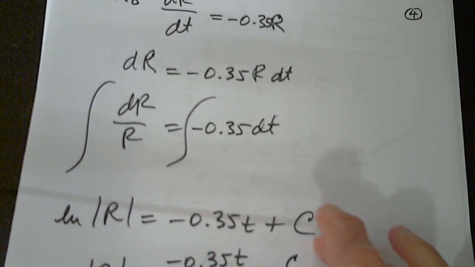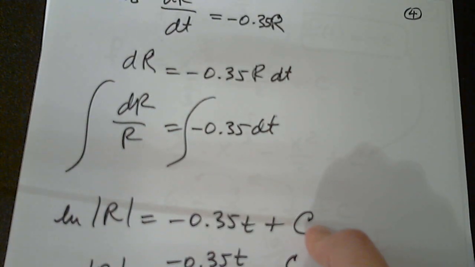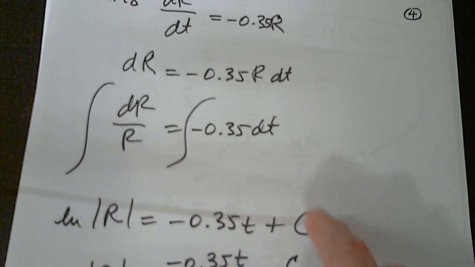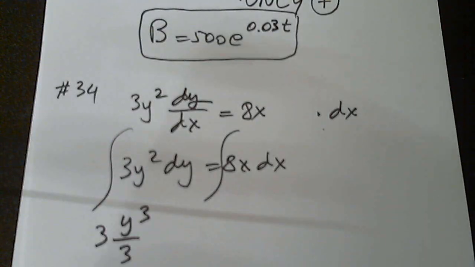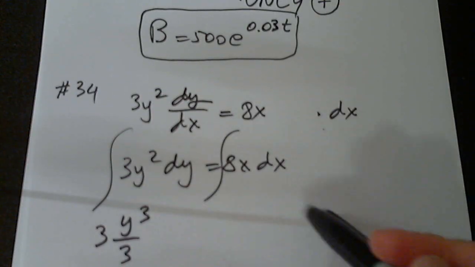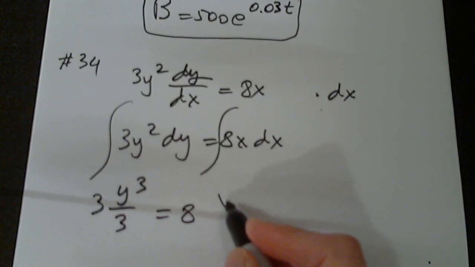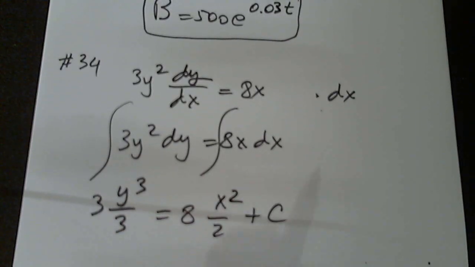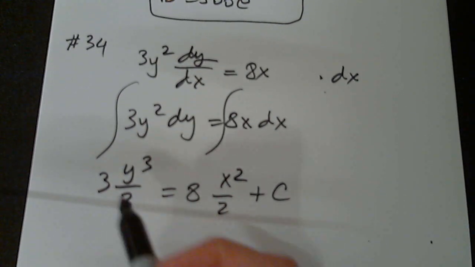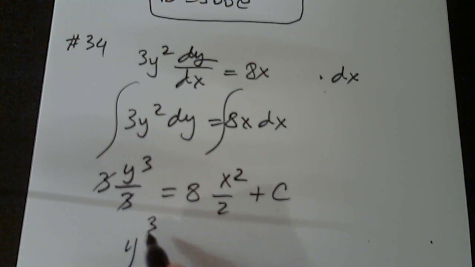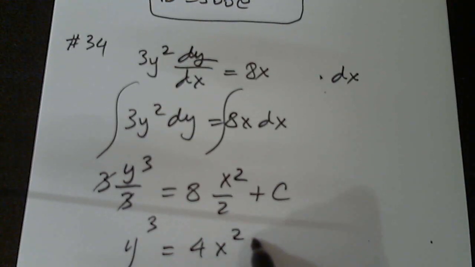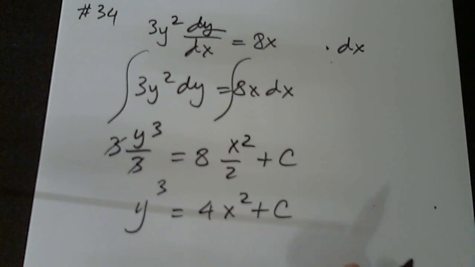This constant plus this constant is together C, condensed in C. So we don't have to put a constant here and another constant here. We only use one. So I'm just going to put it to the right. So equals 8x squared over 2 plus a constant C. Of course, I'll simplify. I have y to the third equals 4x squared plus a constant C.